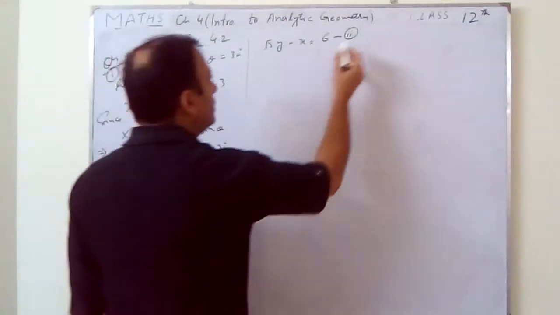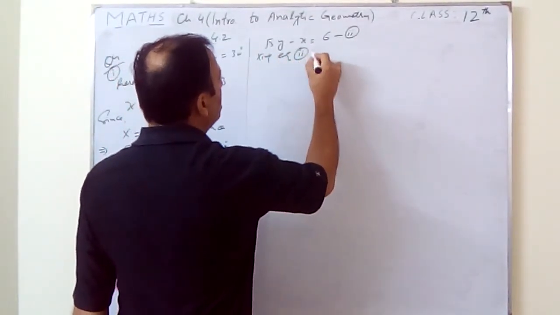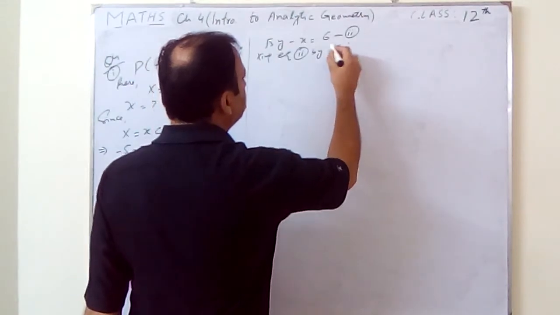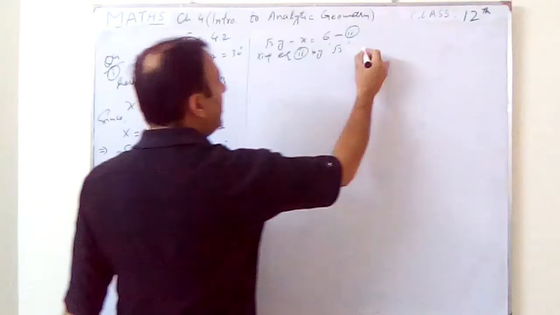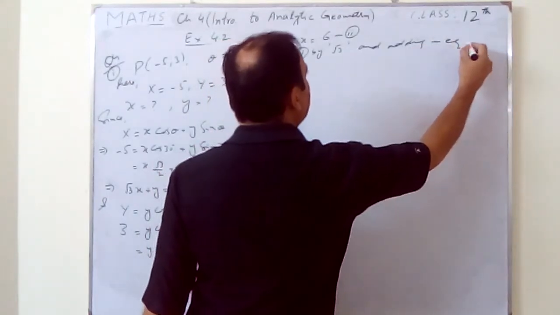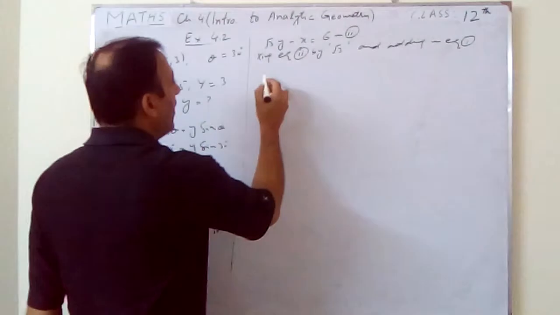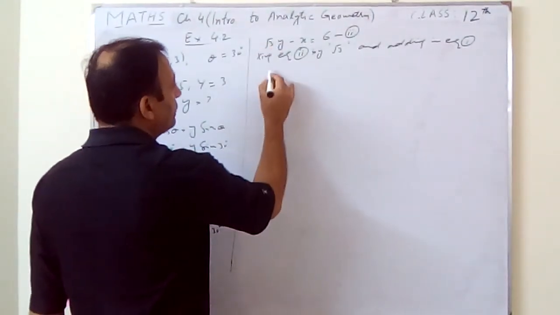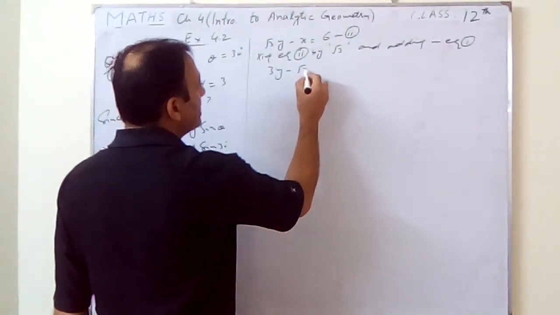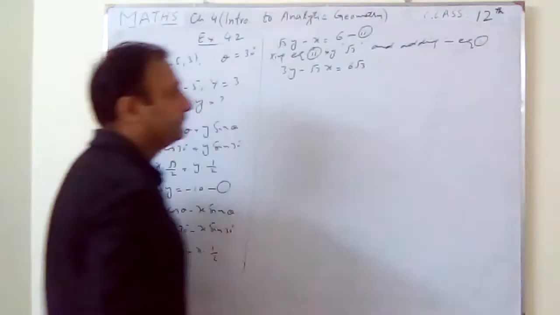Multiplying equation 2 by square root of 3 and adding in equation number 1. Directly I am writing. When you multiply this by square root of 3, 3y remains, minus square root of 3 x, equals 6 into square root of 3.